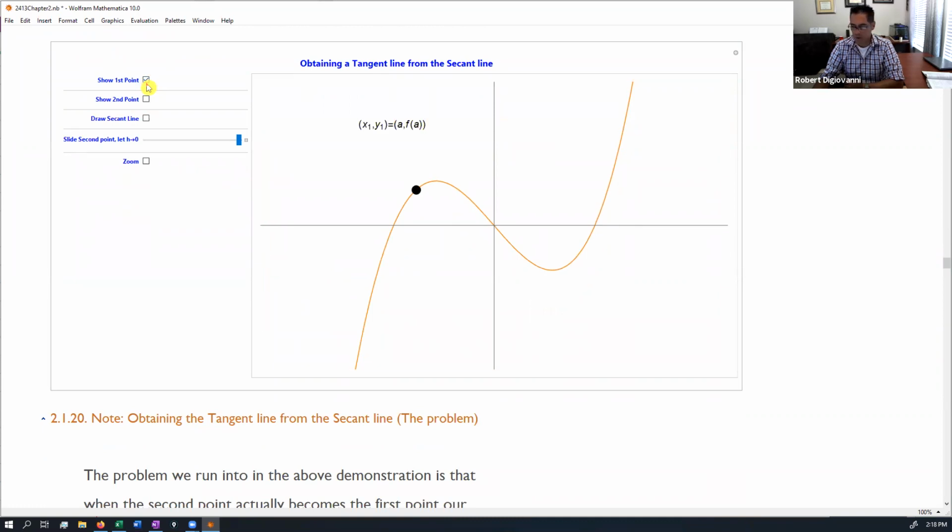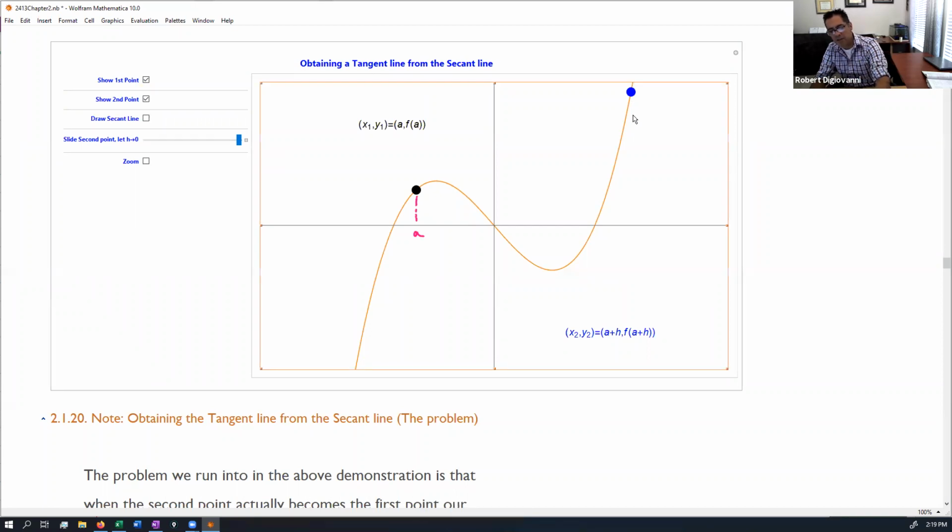First point is A. Pick a second point over here. Now, previously we called this X, didn't we? That's what I called it. But this time I'm not going to call it X. I'm going to call it something else. If this point here is A, then if I pick a point over here somewhere, wouldn't that be bigger than A?